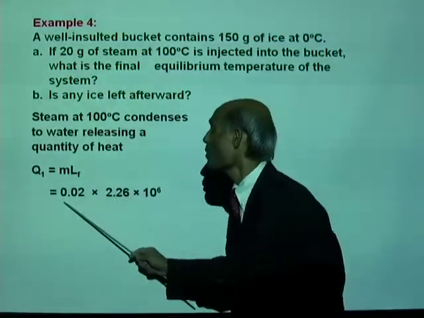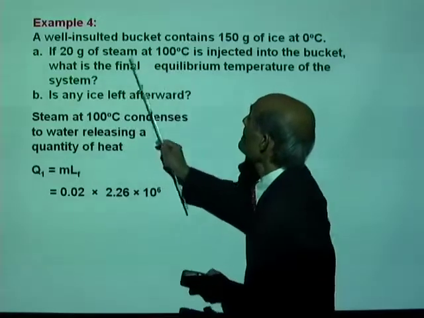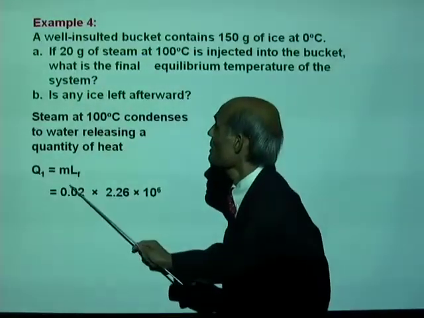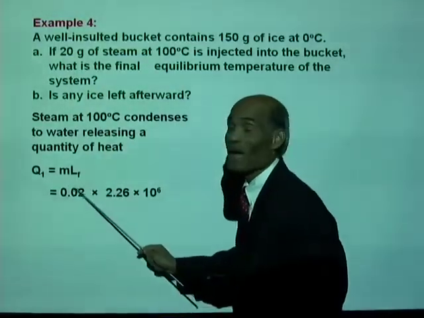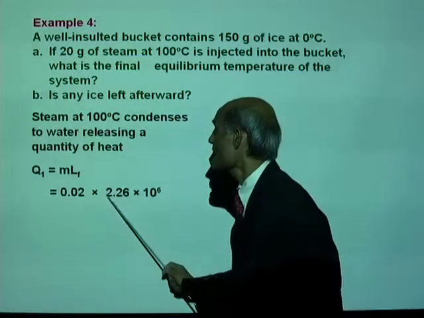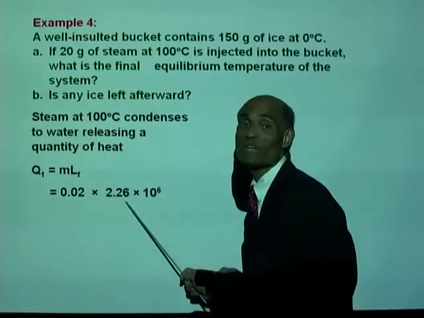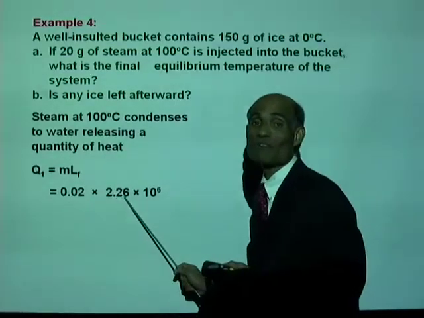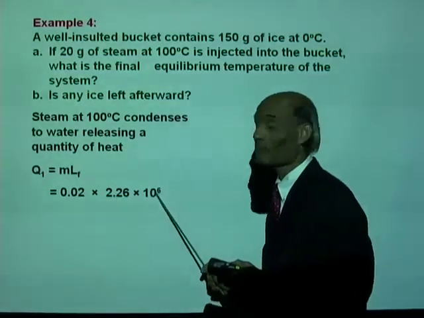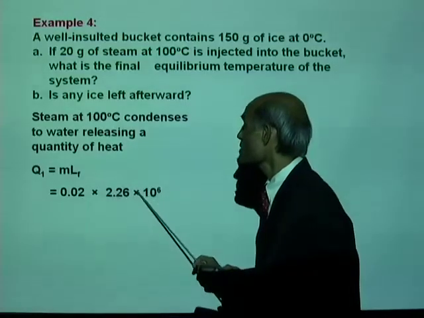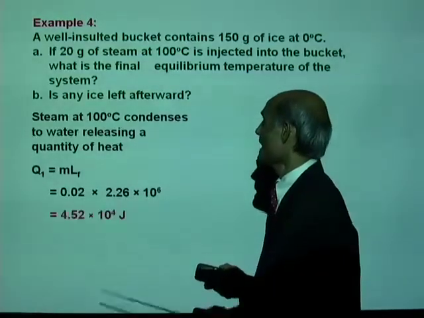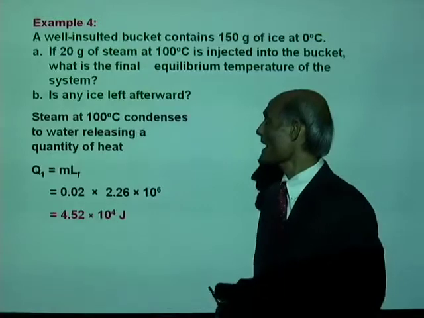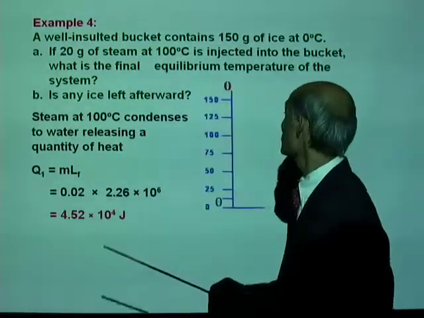That will be 0.02 kilogram, which is 20 grams of steam, times, I have used the right value for L_V here. Although I wrote L_F here, I have used the value of L_V. That is 2.26 times 10 to the 6, and that is 4.52 times 10 to the 4.